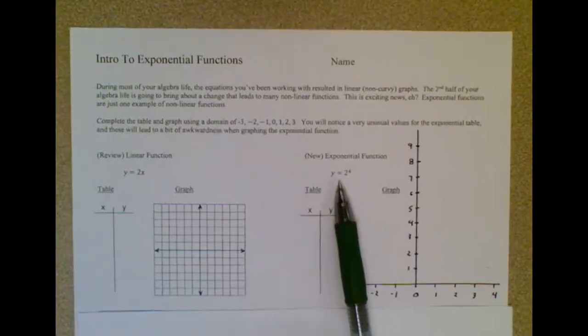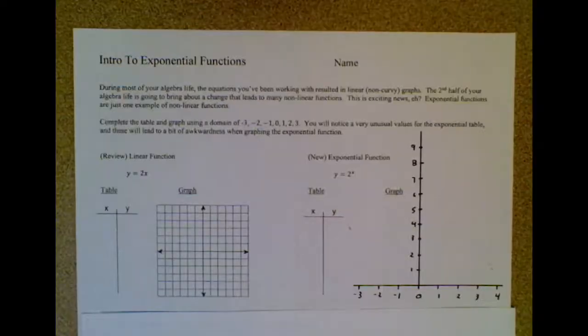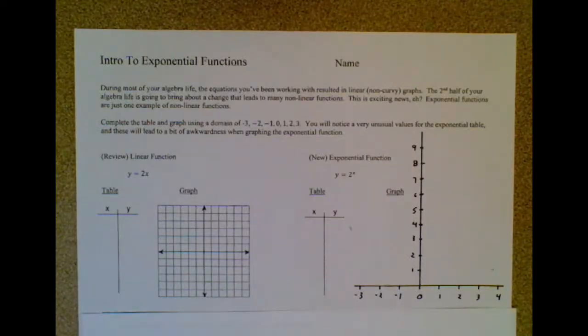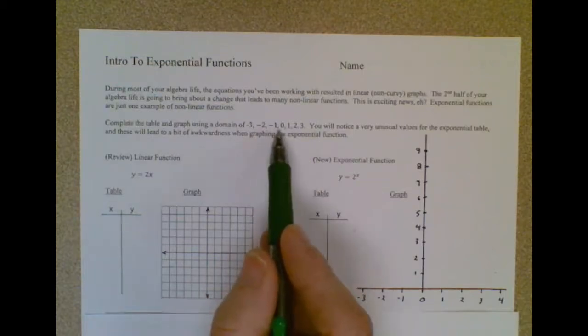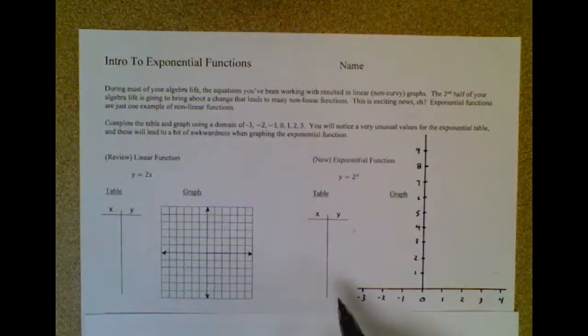So now we move over here to the exponential function, and you don't necessarily know something like y equals mx plus b that would allow you to graph that right away. So you would end up filling out a table. And as you notice, they've suggested that we use -3 through 3 for your input or your domain.